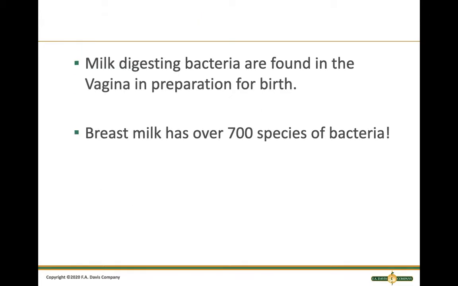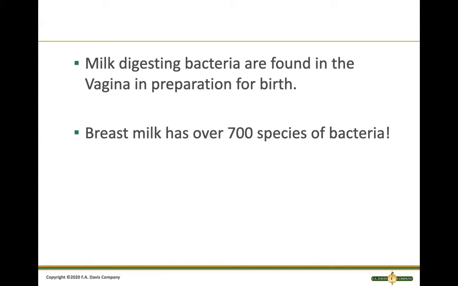Okay, there's a cool story I want to talk about. They were doing this human genome project, and they had all kinds of people in it, and they had pregnant women in it. And so they're sampling the bacteria in their vagina, and they notice all of a sudden these bacteria appear that help with digesting milk. And they're like, why the heck would those be in the vagina?